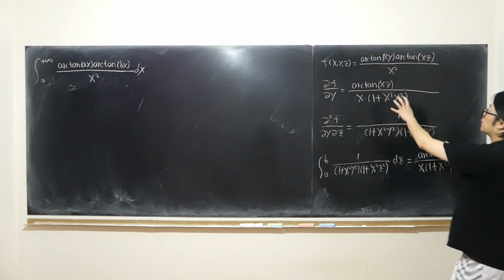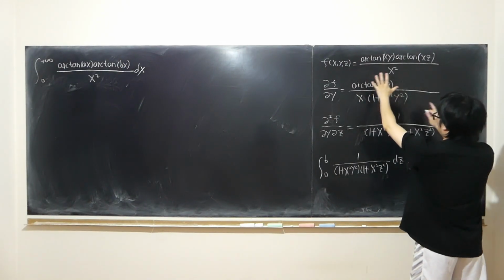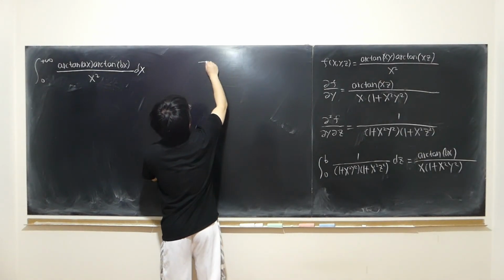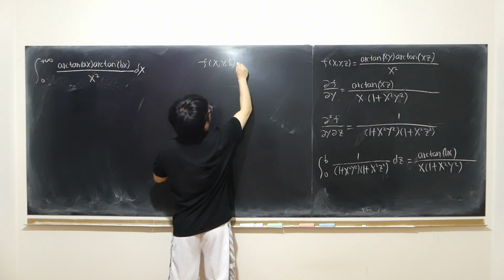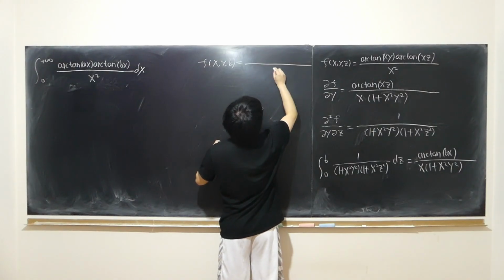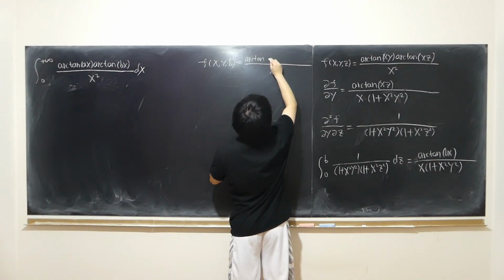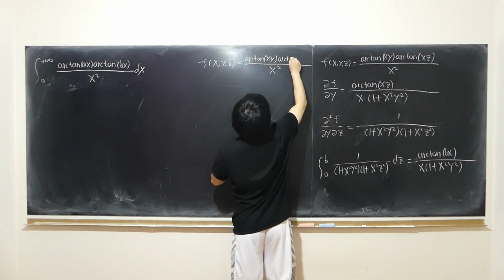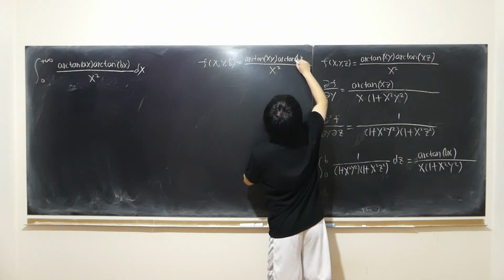But I can say if I replace this z with b, it'll basically make no difference, because as soon as I say f of x, y, b instead of z, this is almost the same: x squared arctangent xy times arctangent bx. Right, that's the only difference.